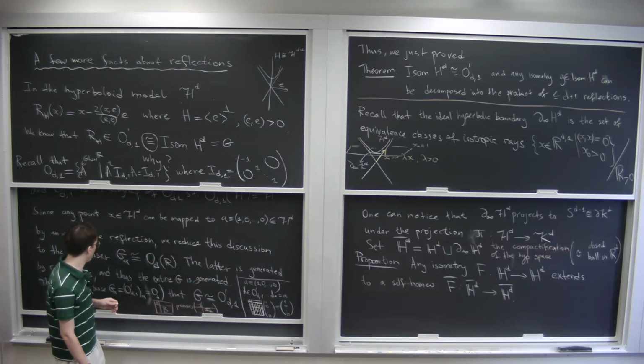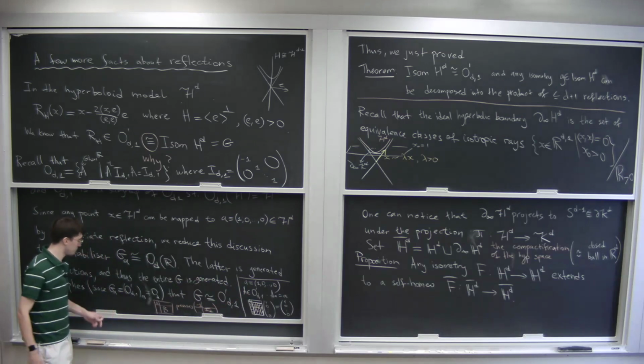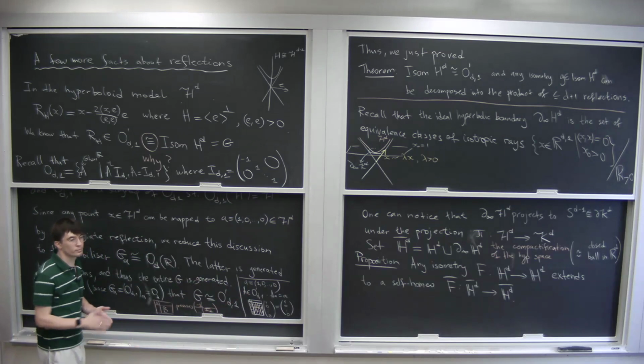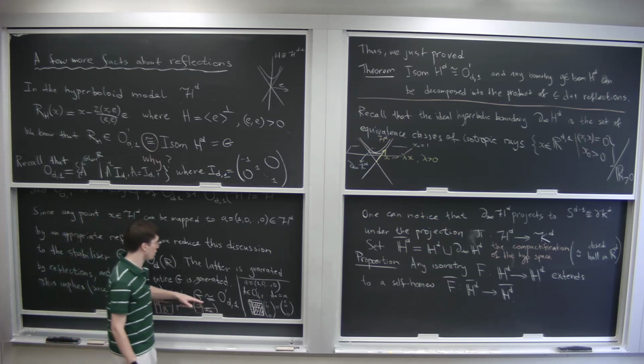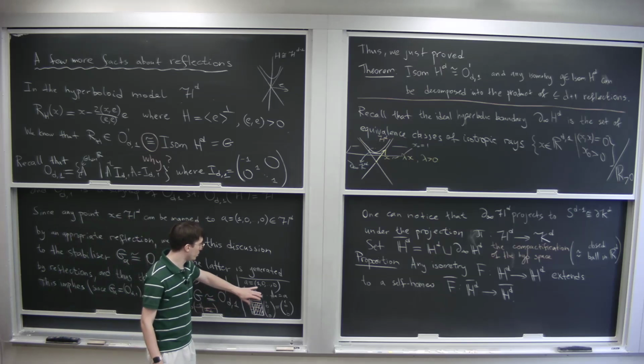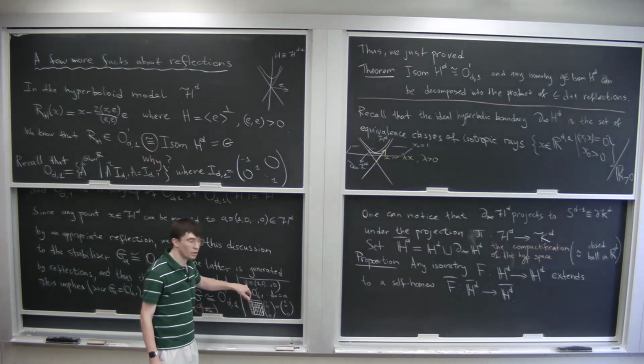So we just simply take those that do not switch the components. It will be just an index 2 subgroup, right? But the point is, what is the problem with O(d,1)? It can send the point A to -A, right?